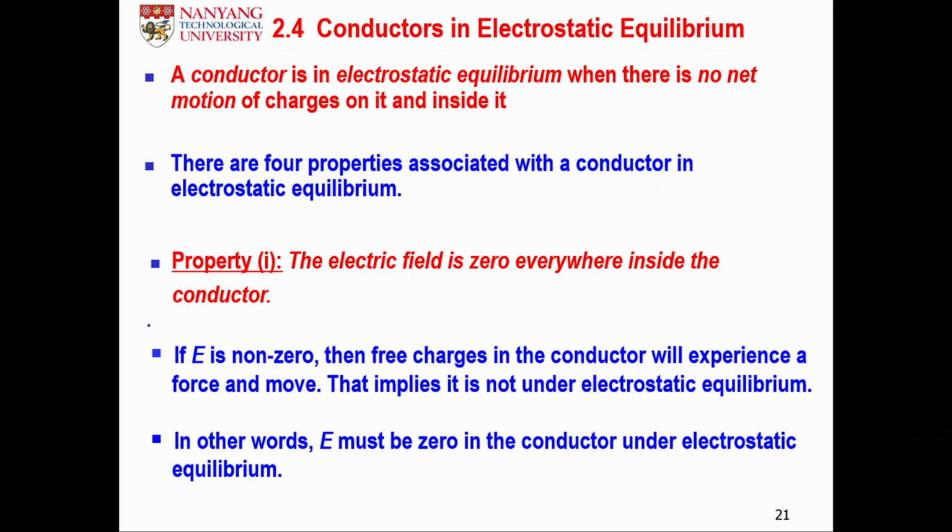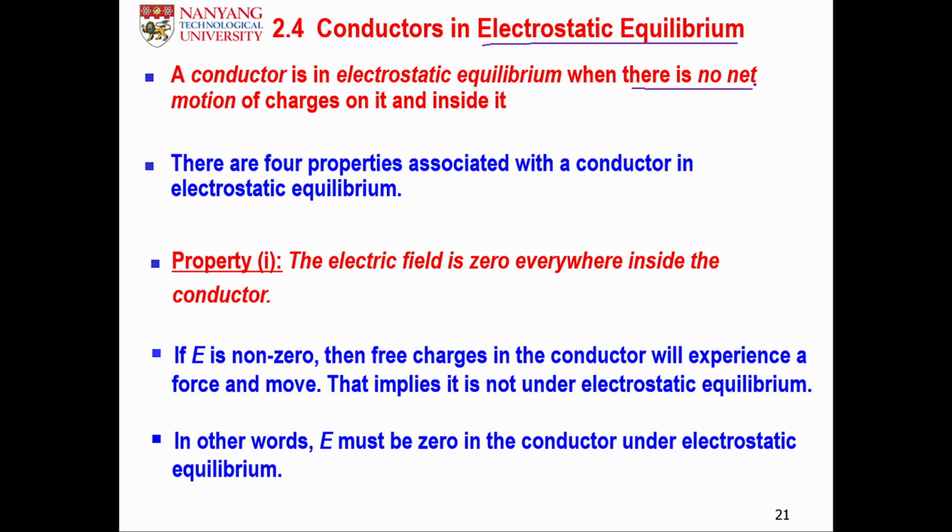And here the conductor we are talking about is generally a conductor in the so-called electrostatic equilibrium condition. The meaning of this electrostatic equilibrium condition is that for this kind of conductor, there is no net charge motion on it.